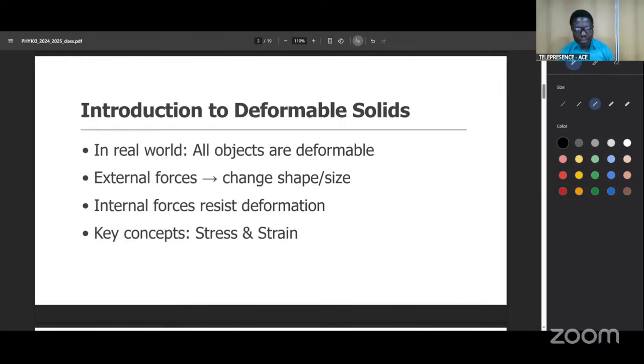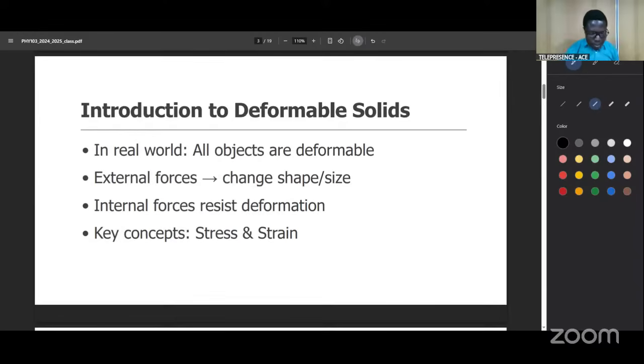The key concepts that we use to describe how materials respond to forces are stress and strain. And the concepts explain why materials deform and how much they are deformed when forces are applied.